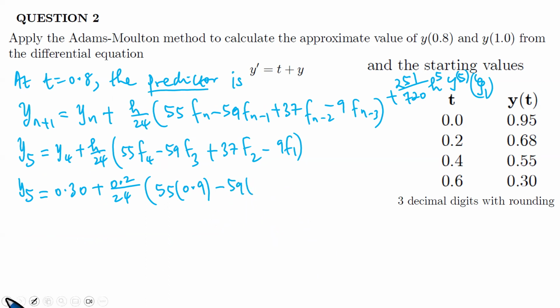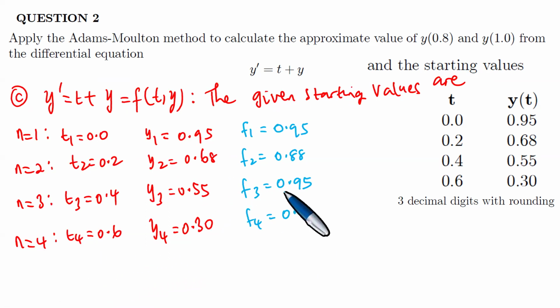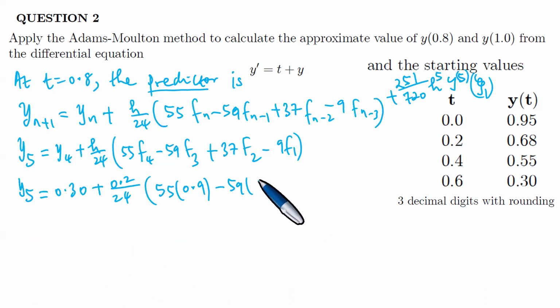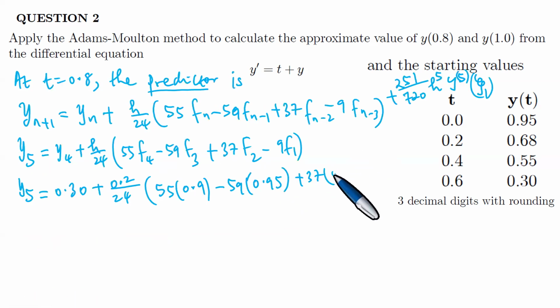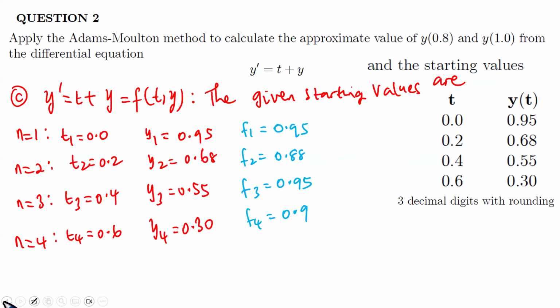F3 is 0.95. And then there is 37, F2, 0.88. F1, 0.95.